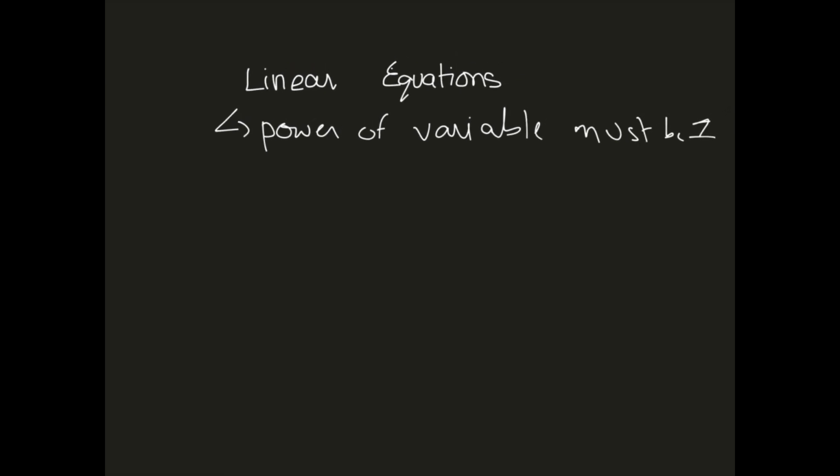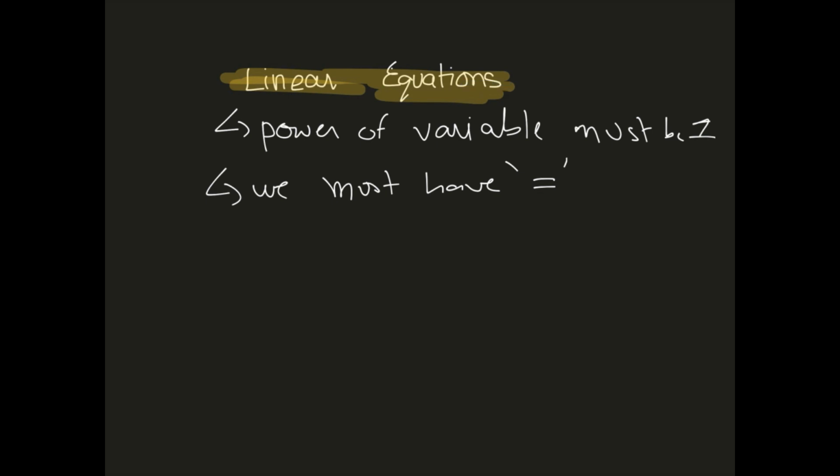But in expressions, we did not have an equal to sign, but in equations, we must have an equal to sign. If these two conditions are being fulfilled, then we can claim that it is a linear equation.